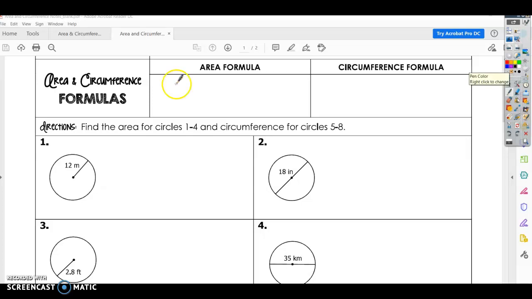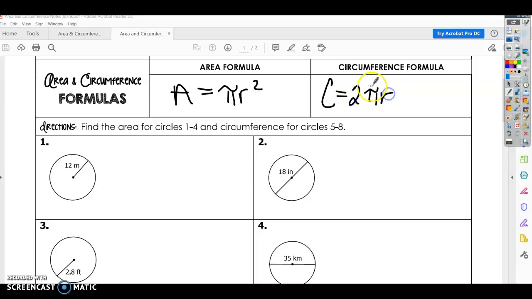Alright, so the area is pi r squared, and r represents your radius. Radius of the circle is from the outside to the center of any circle. Alright, the circumference, c equals 2 pi r.